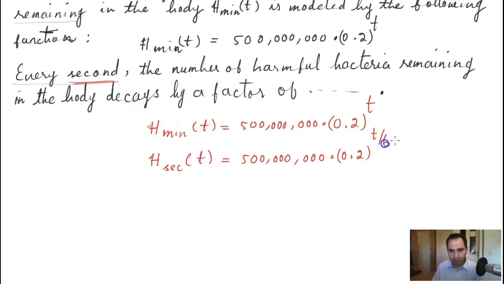So if I write it as t divided by 60, then when I enter 1 here, it goes into this function and becomes 1/60th of a minute, since of course 1 minute is 60 seconds, so that makes sense.